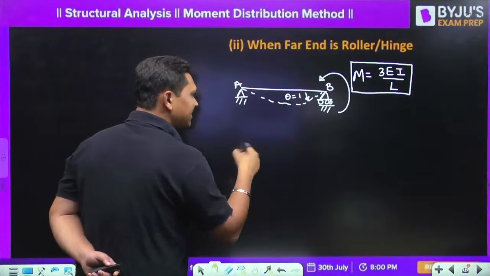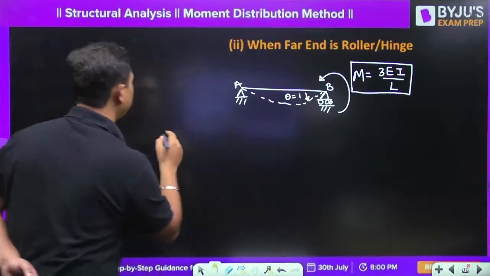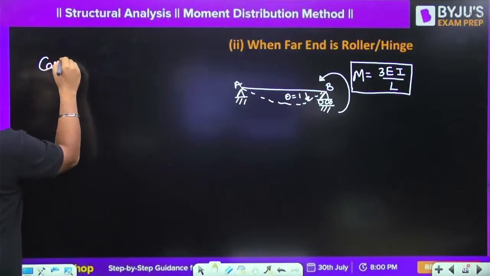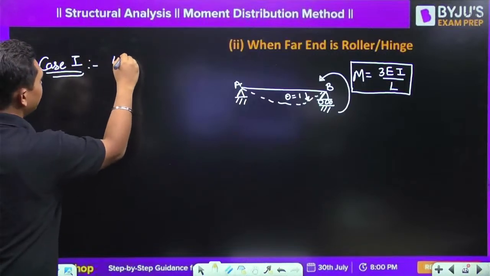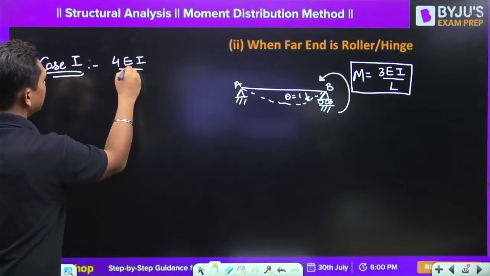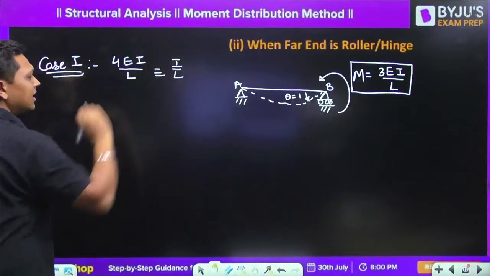Now in this case, the relative stiffness, if calculated: in case number 1 we have taken 4EI by L as equivalent to I by L in relative stiffness.